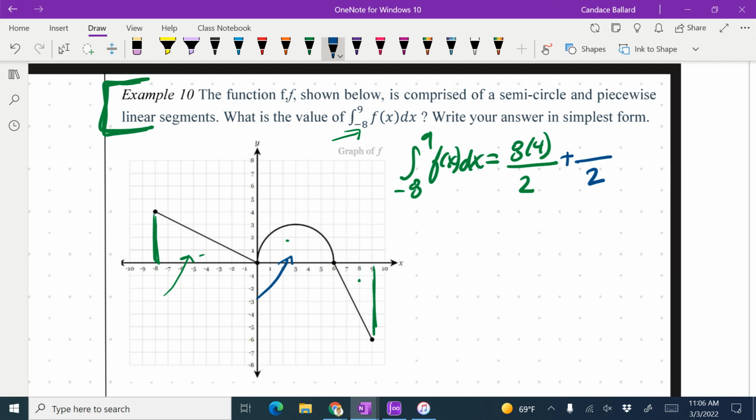It will either be a half circle or a quarter circle. They won't do anything weird like an eighth of a circle. It'll be something obvious, half or a quarter. What's the radius length of this circle? 3. So pi times the radius squared. What's 3 squared? 9. I could have written that as 9 pi. I didn't have to write it in that order.